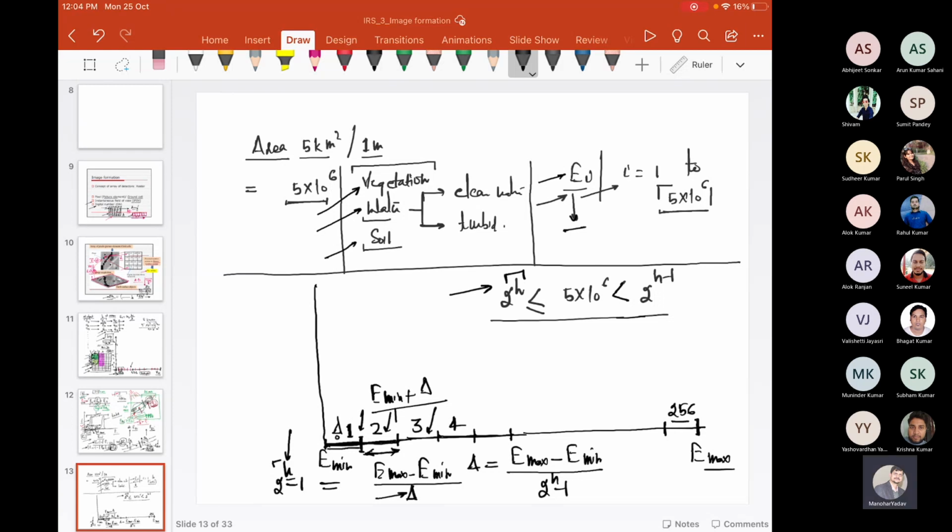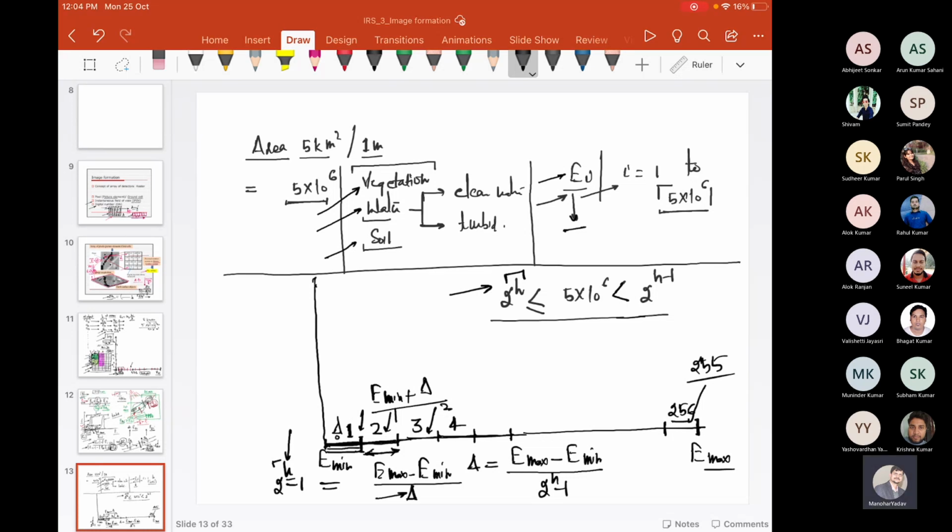For this, you assign the number 2. And if you start from 0, the last you will assign is number 255. So what we are doing while converting from analog to digital format is, for all energy components from E min to E min plus delta, you are assigning the same number. It means they are the same.